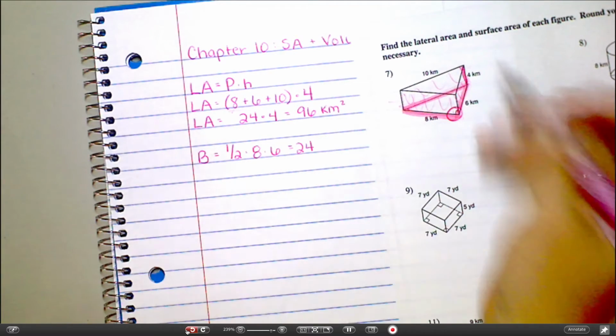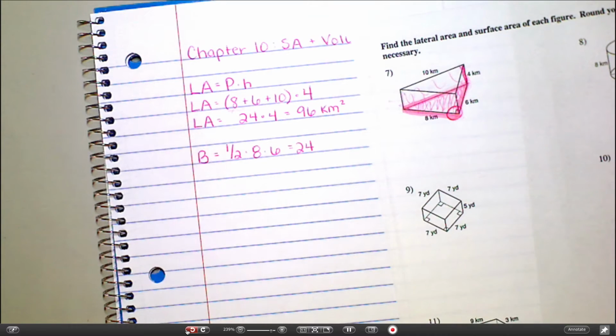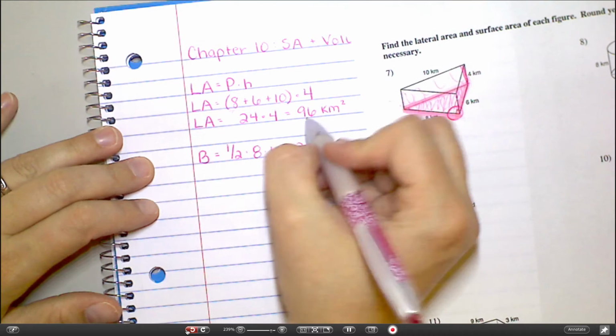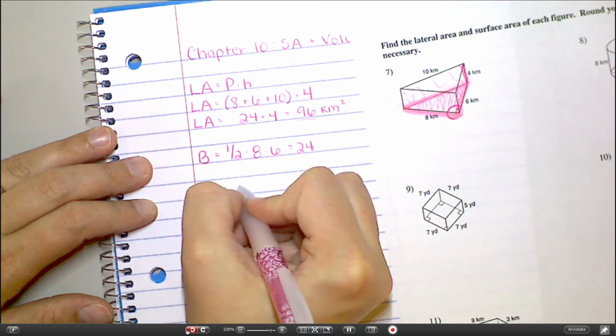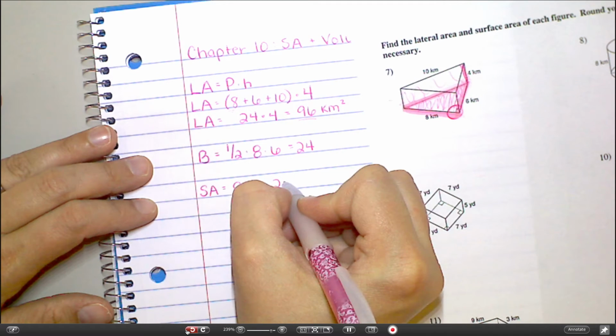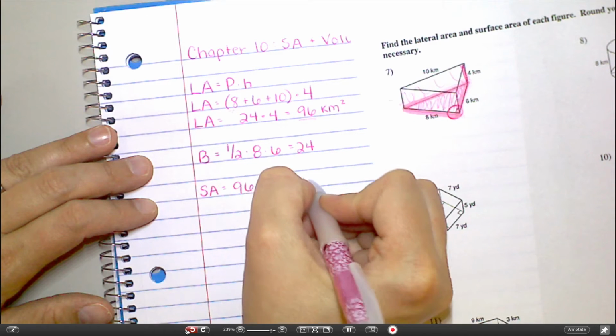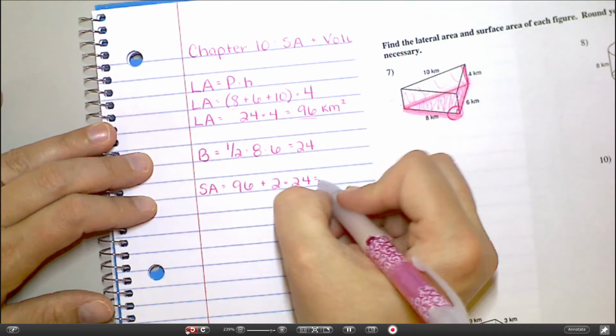So that means the area of one of these triangles is 24. How many of those do I need to add to the lateral area? I need to add 2 of them, right? So I'm going to take what I had for lateral area, 96, plus 2 times 24. It's going to be 96 plus 48, which is, I believe, 144.